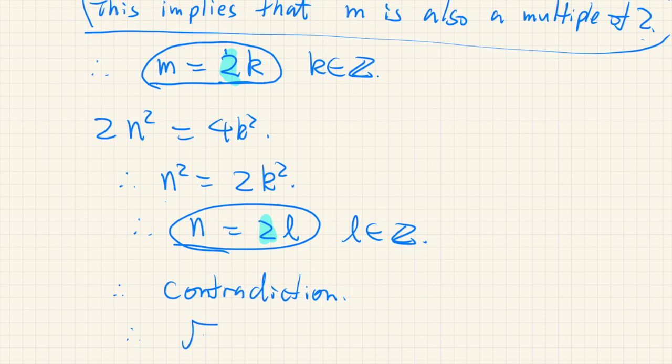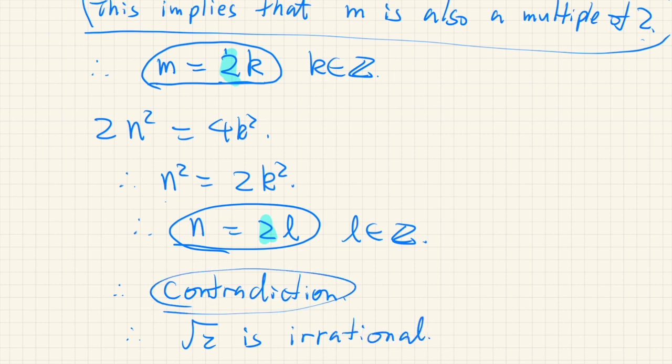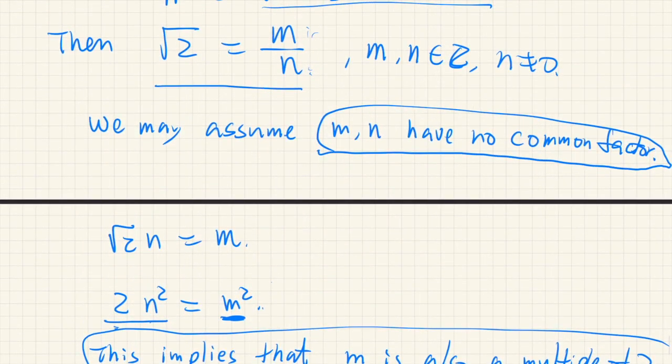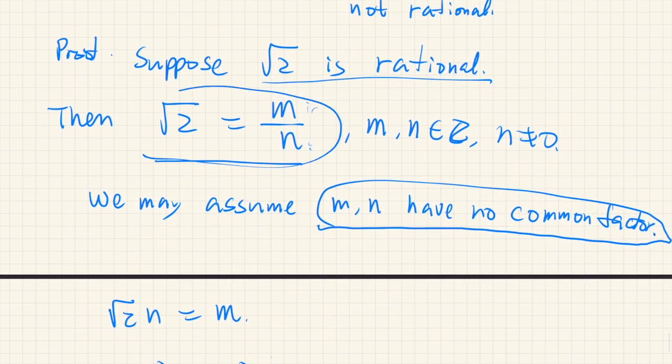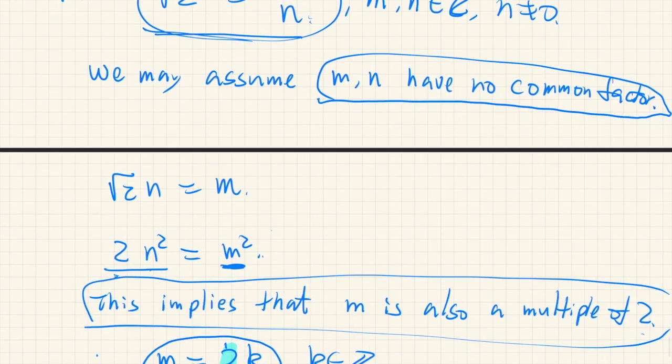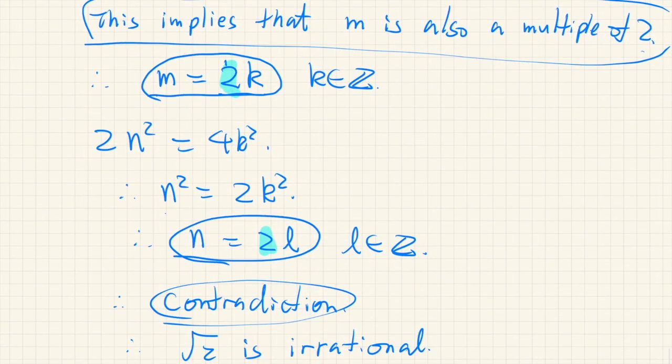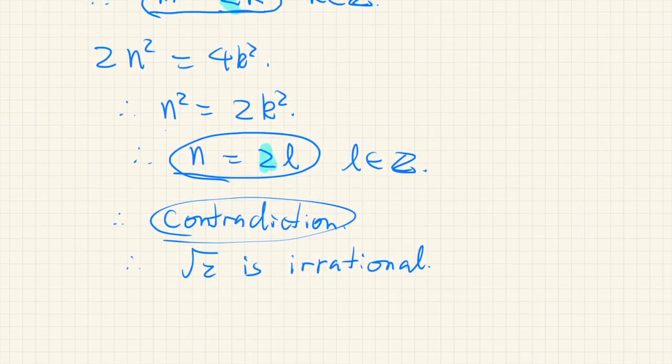Therefore, square root of 2 is irrational, not rational, because this contradiction was derived from the assumption that it is a rational number. So this must be false. So we are done with the proof that square root of 2 is irrational.